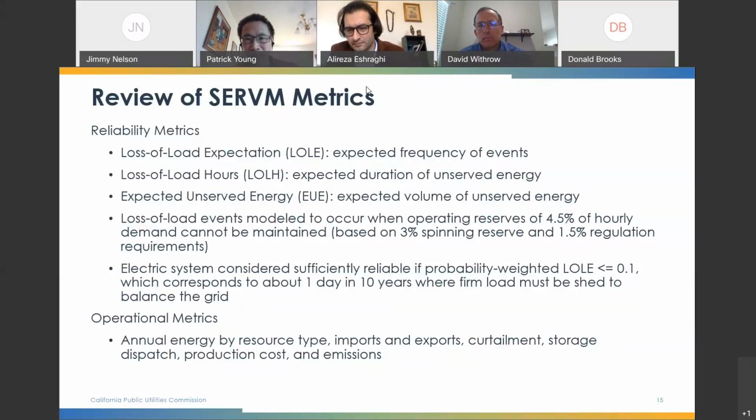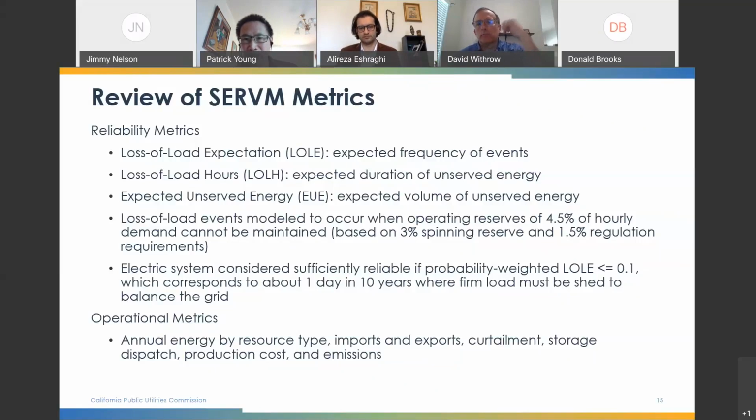This is Patrick. I'll also add for a little bit of background. If you've been following the long-term procurement plan proceeding, which has now evolved into the integrated resource planning proceeding, you may remember that back in around 2015, we had extended stakeholder discussions on the appropriate configuration of various reliability and production cost modeling that were being considered for use to inform the long-term procurement plan work.